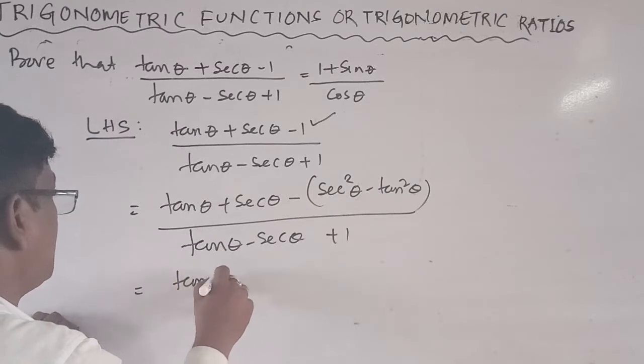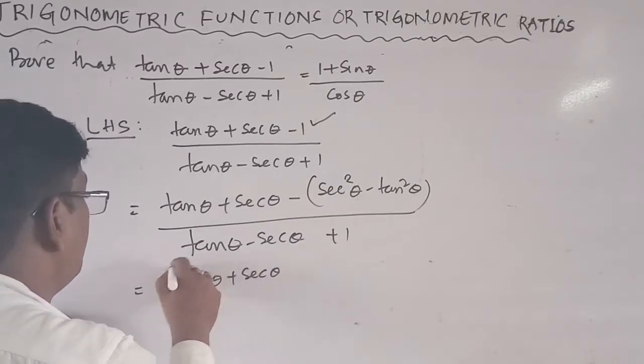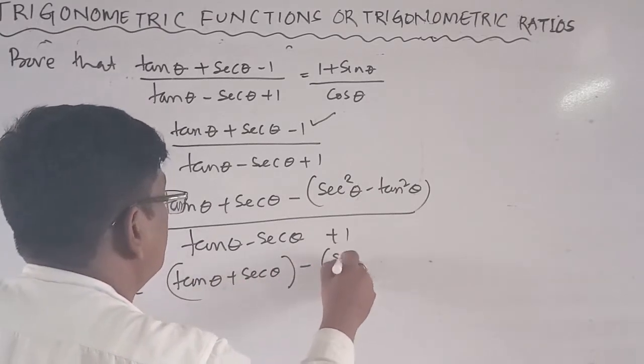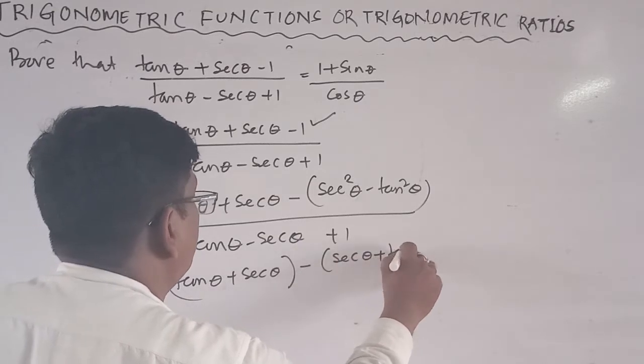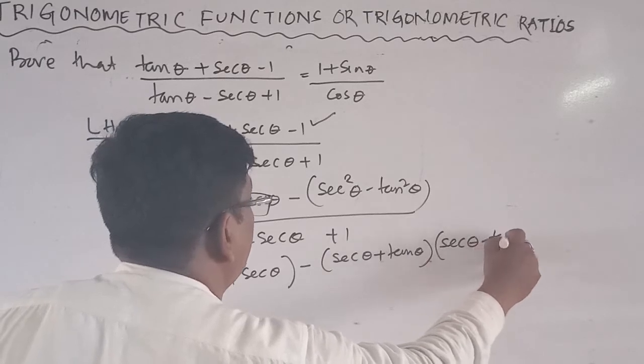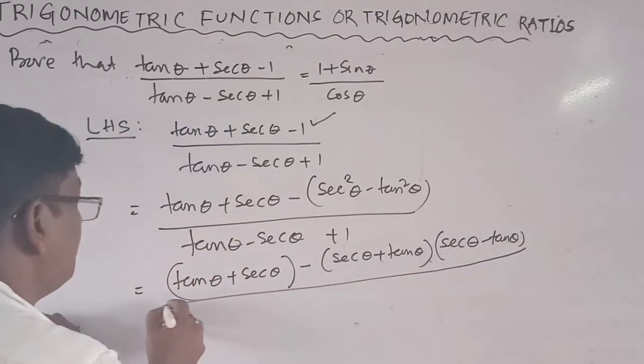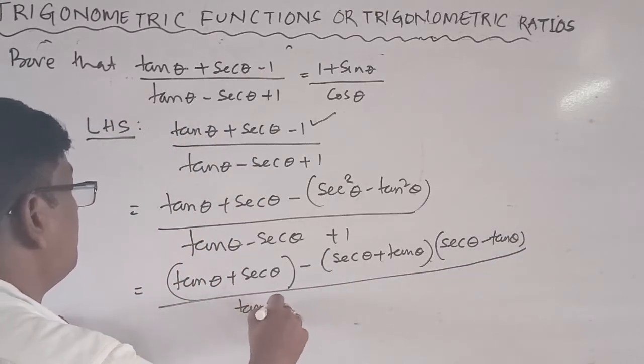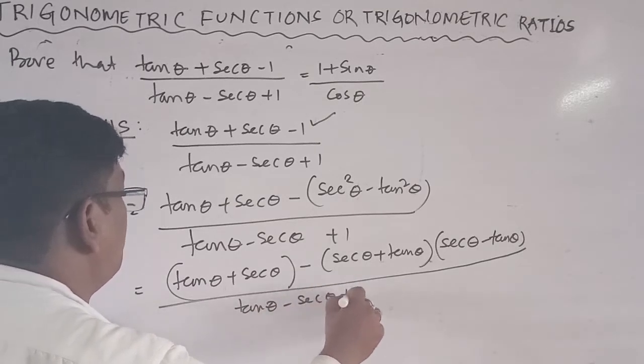So tan theta plus sec theta minus (sec theta plus tan theta)(sec theta minus tan theta), divided by tan theta minus sec theta plus 1.